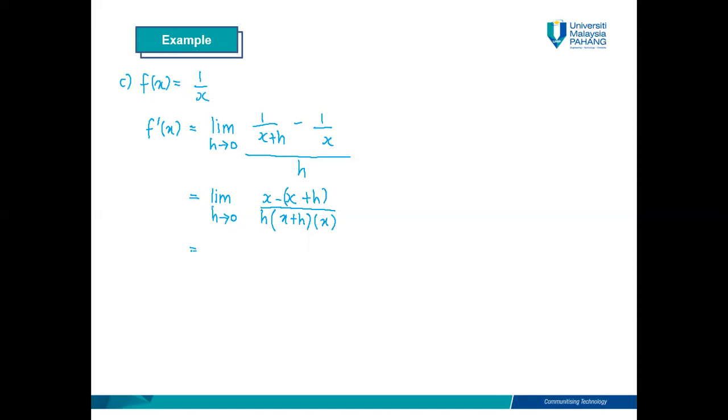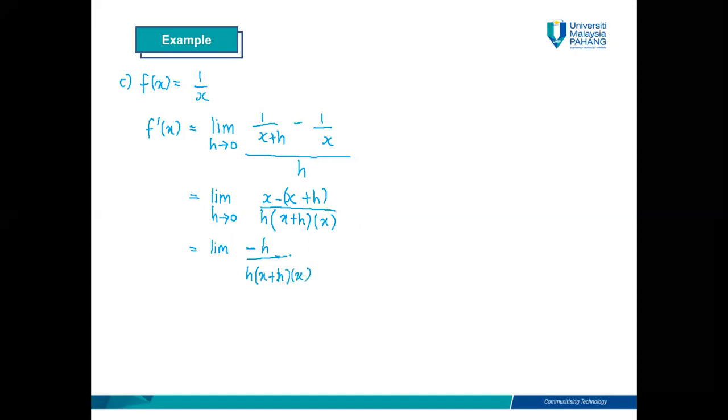So okay, equal to, okay, limit of x minus x habis, so yang tinggal negatif h, ni kan you expand kan, negatif h over h x plus h darab dengan x.